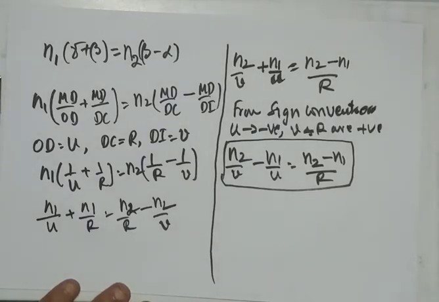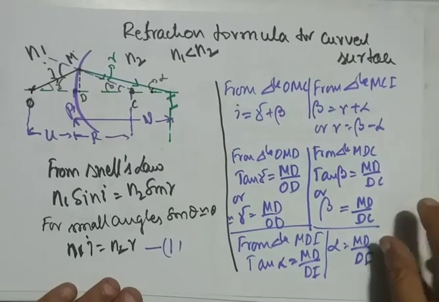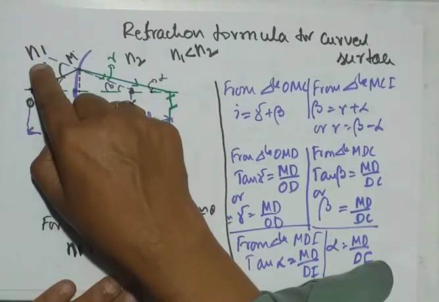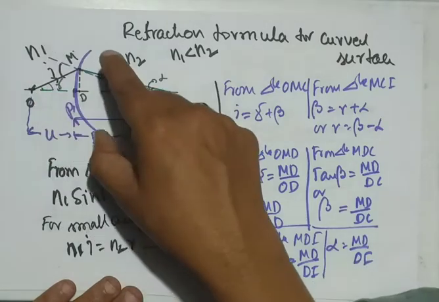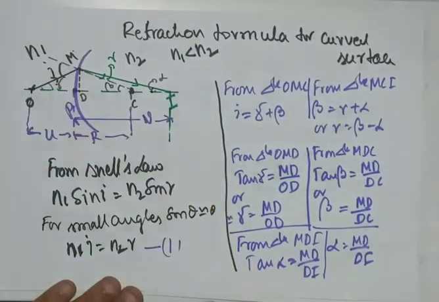For that, we take up the first figure again and learn some definitions. In this first figure, the object O is in the N1 medium, that is, the medium of refractive index n1, and the incident ray is traveling there. This we call the object space, where the incident ray is traveling.